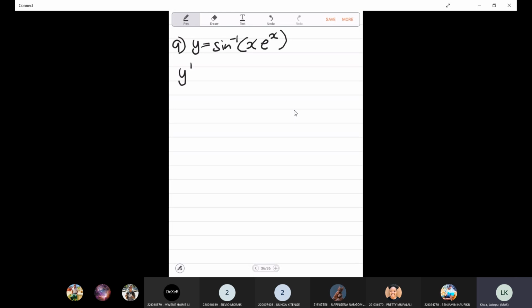So our y prime, the derivative of the function in the numerator, and to differentiate the numerator we use the product rule. So this is e to the power of x plus x e to the power of x, and then square root of 1 minus x squared e to the power of 2x.